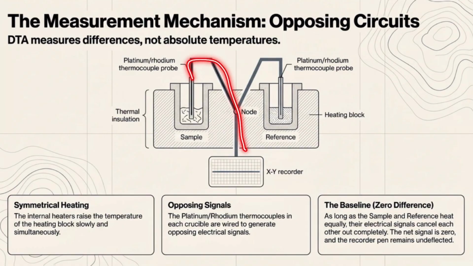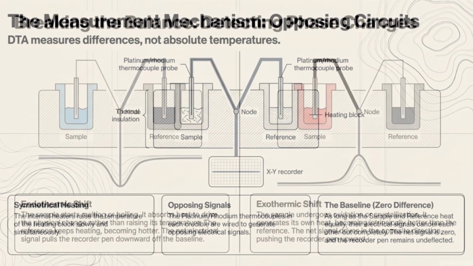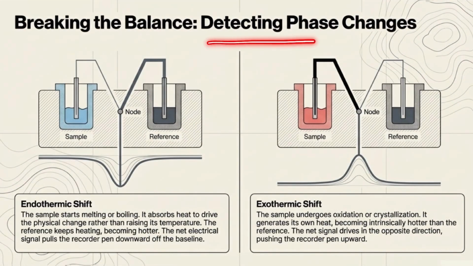Both simultaneously send their signals, and these signals are opposite in nature. For example, both will cancel the signal of one another as long as the temperature of sample and reference is the same. So we will never get a signal, and a straight line will be obtained rather than a curve.